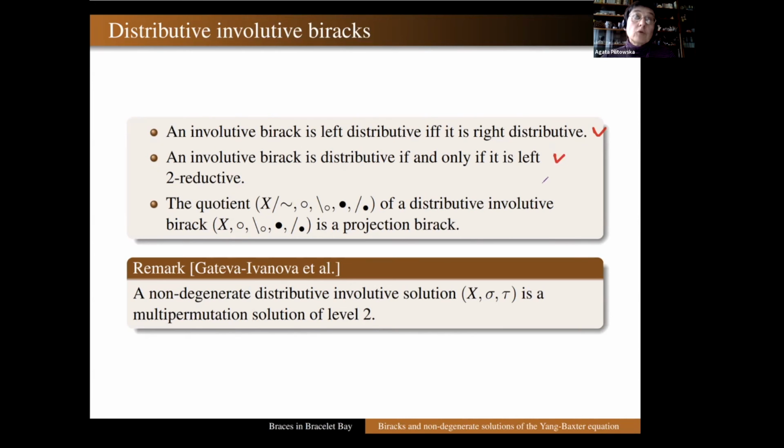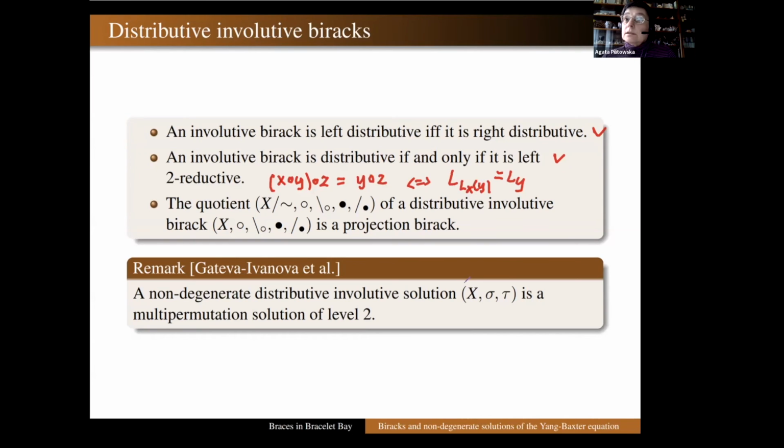can be equivalently defined as a left 2-reductive one. So such in which the following identity is true: when we multiply x by y and by z, it is equal to y multiplied by z, or equivalently the left translation by the element L_x of y is equal to the translation by y.